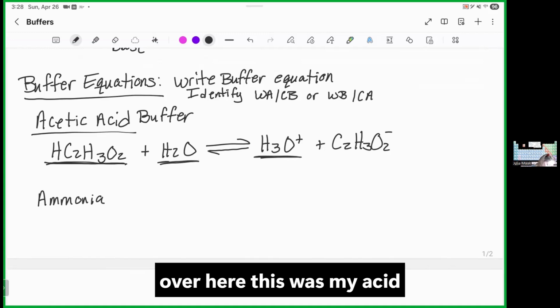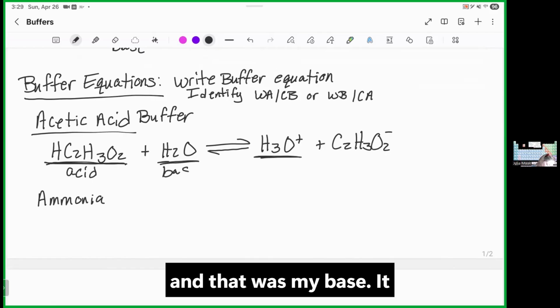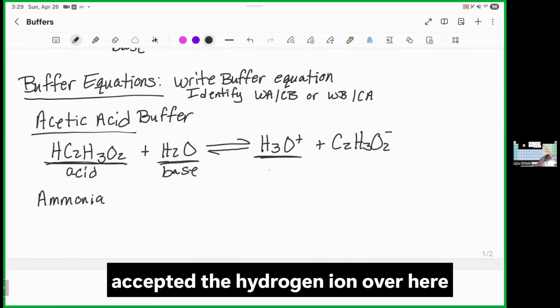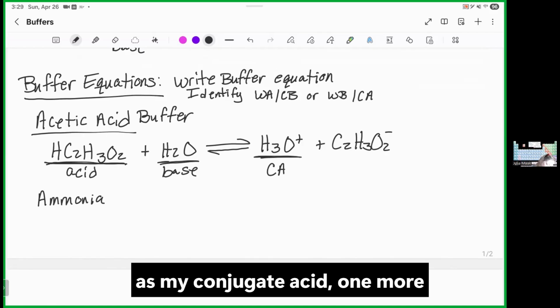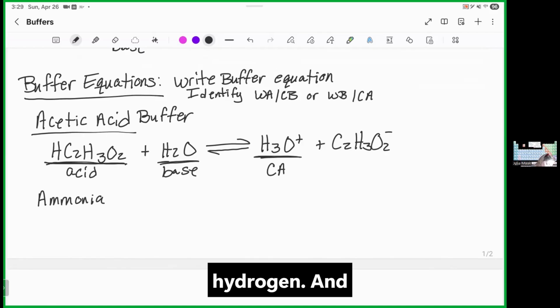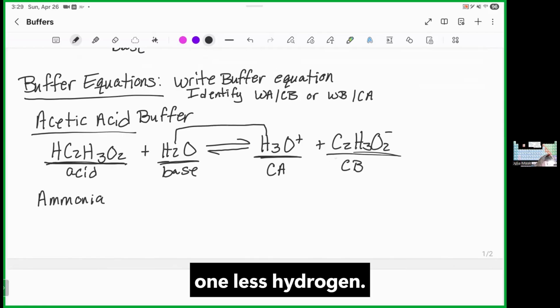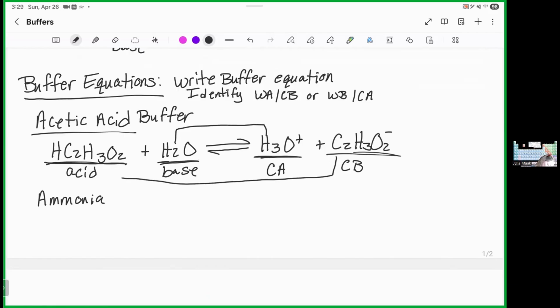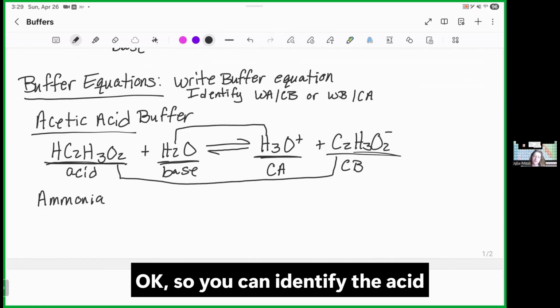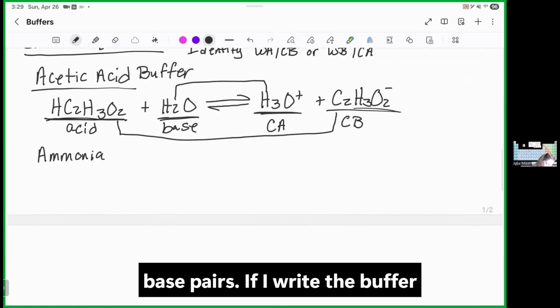So over here, this was my acid, and that was my base. It accepted the hydrogen ion. Over here is my conjugate acid, 1 more hydrogen. And here is my conjugate base, 1 less hydrogen. So you can identify the acid-base pairs.